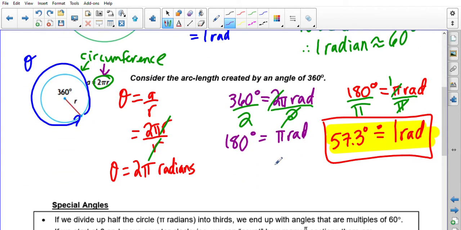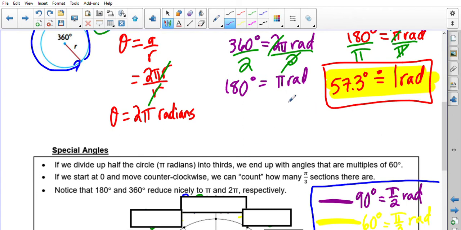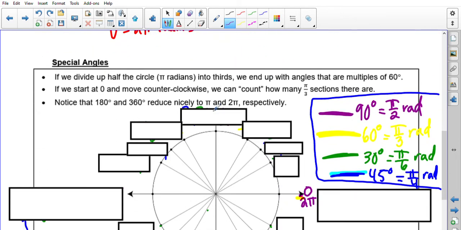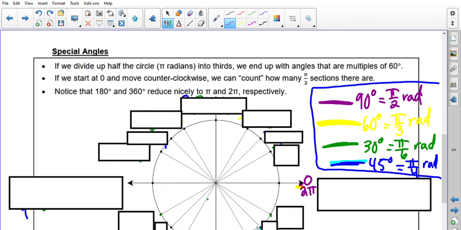Before we go on to other questions, I'm going to get you used to filling in what the radian values are for special angles. We're going to divide up this whole circle into our special angles. We're used to doing that: 30, 60, 90, and 45 degrees.